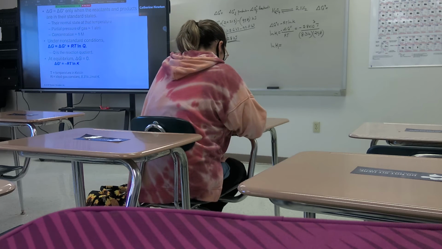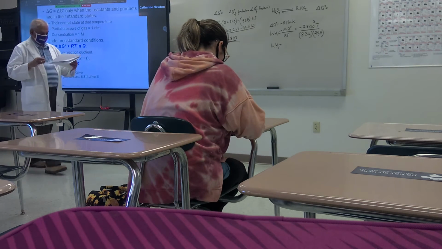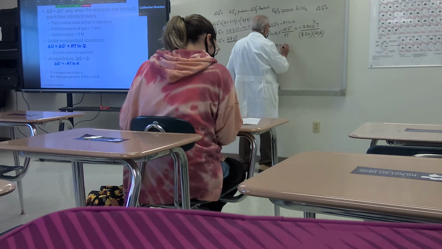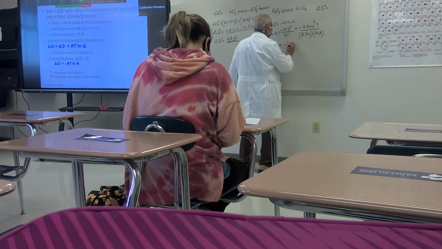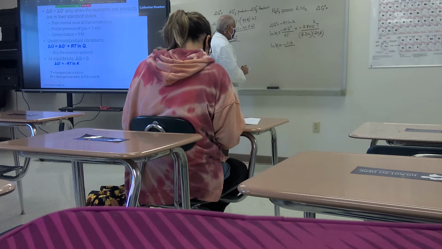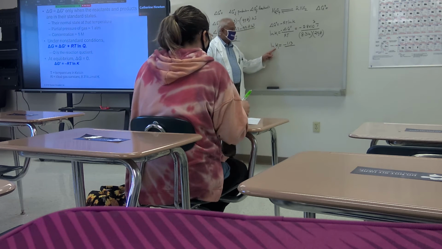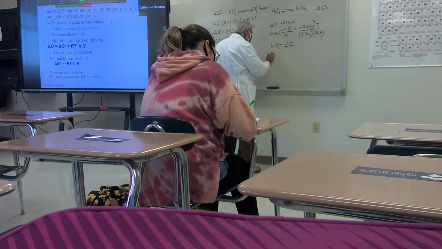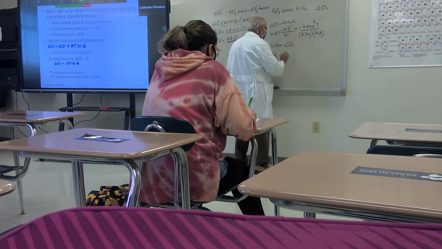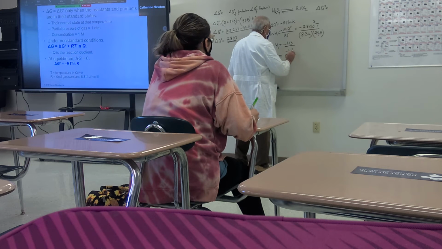Negative 1.126. Negative 1.126. I will make it 1.13, okay? So you have the natural log of the equilibrium constant as this. You want K. K equals what? Exponential to the power of what?